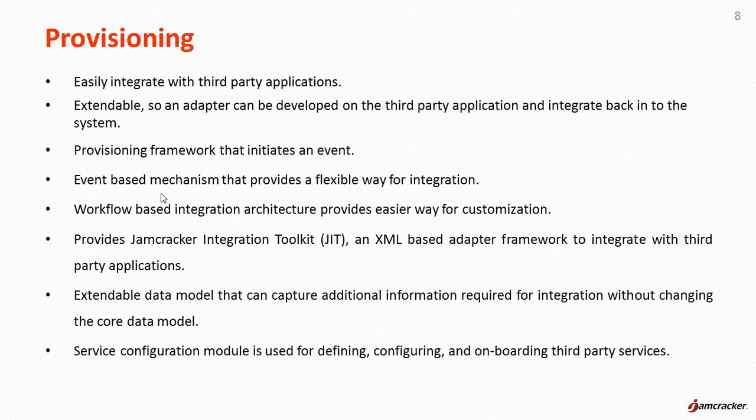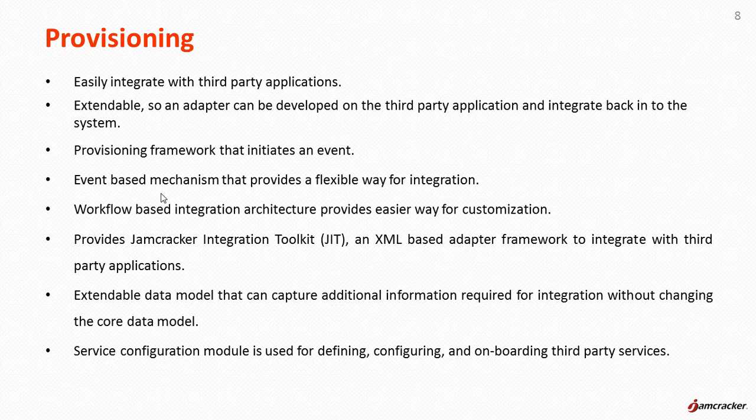It is built with an extensible data model which can capture additional information required for integration without changing the core data model. We have extended attributes, because every service is very different in nature in terms of additional information. Basic information like organization name or URL, and for users a first name and last name, all come as an out-of-box solution.